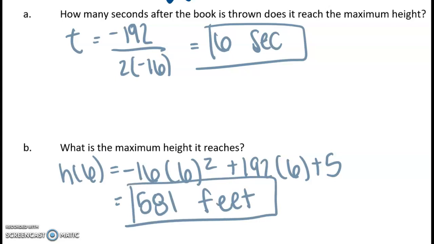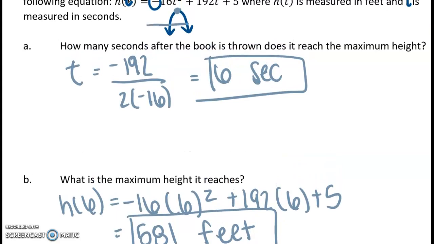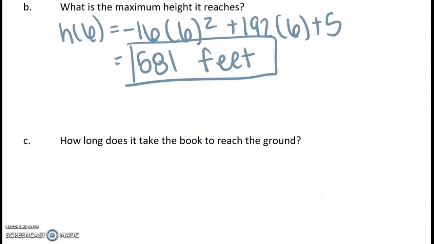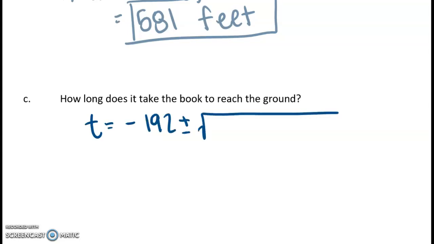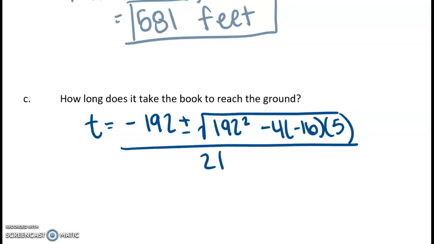Now when it's asking how long till it hits the ground, that's when we're looking for when this thing crosses the x-axis, whether it's here and here. So it crosses the x-axis in two solutions, but we need to determine the one that we're going to pick. So a couple of ways. You can try to factor. You can use the quadratic formula. Quadratic formula is what I did. So negative 192 plus or minus the square root of 192 squared minus 4ac, all over 2 times a.